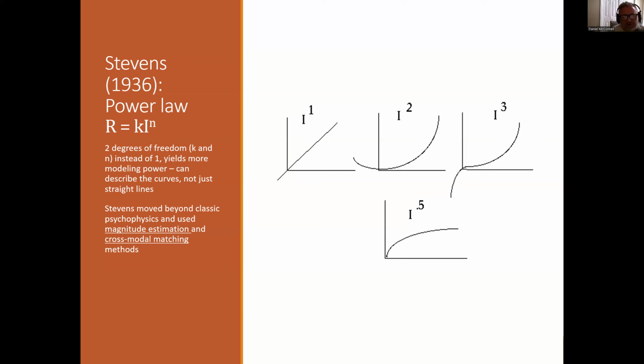There's another variant that Stevens used called cross-modal matching. And so cross-modal matching would be something like, let's say now that I play the tone that has some level of intensity, and what I want you to do is adjust the brightness of a lamp using a dimmer switch so that these two things somehow match each other, that you judge the loudness of that sound to be somehow equivalent to the brightness of that light.